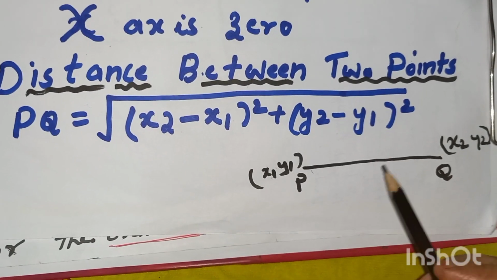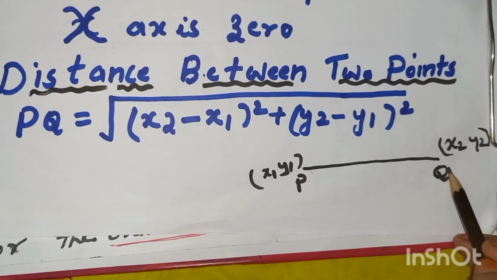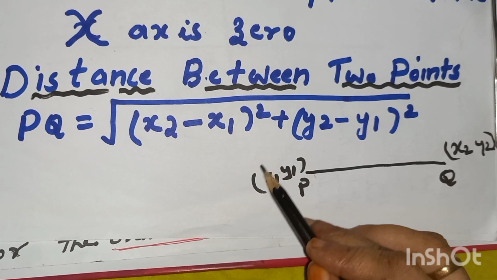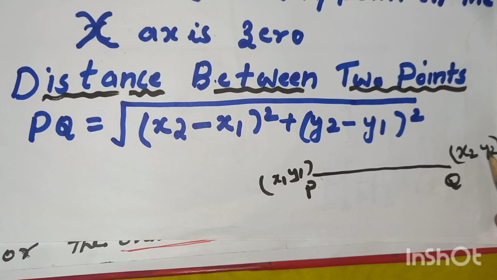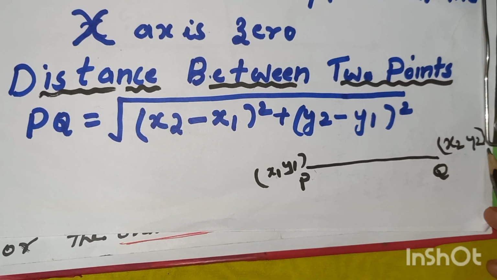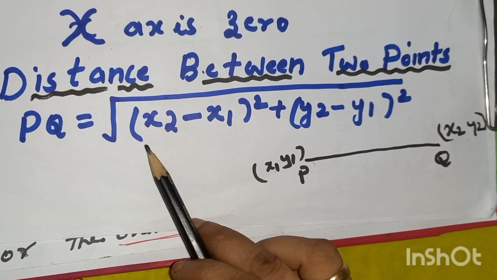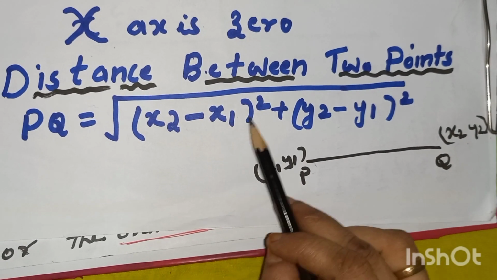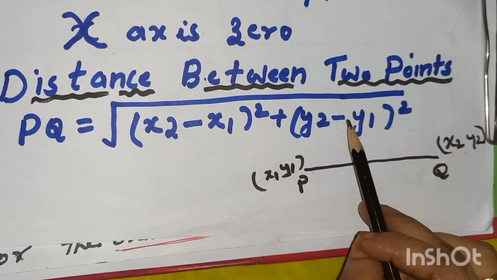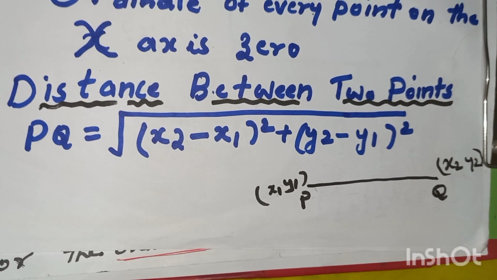How will you find the distance between 2 points? The coordinates of P are x1, y1 and of Q are x2, y2, so PQ is the root of (x2 minus x1) squared plus (y2 minus y1) squared. Is it clear for you?